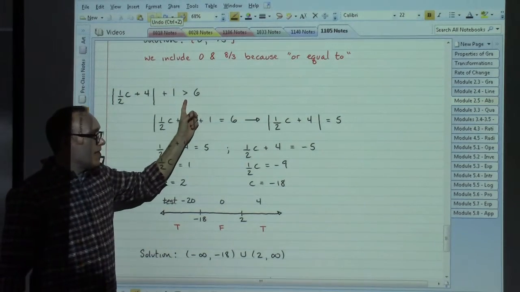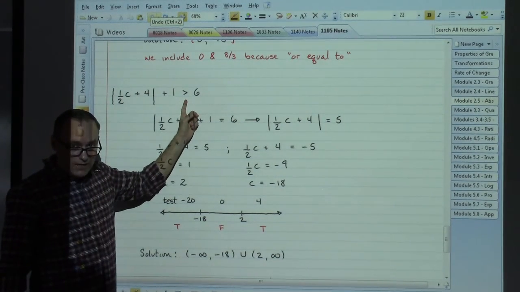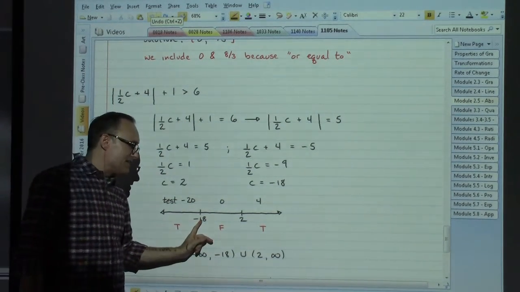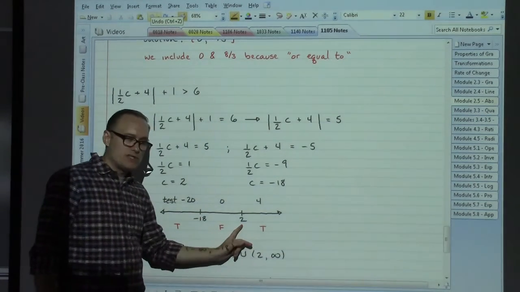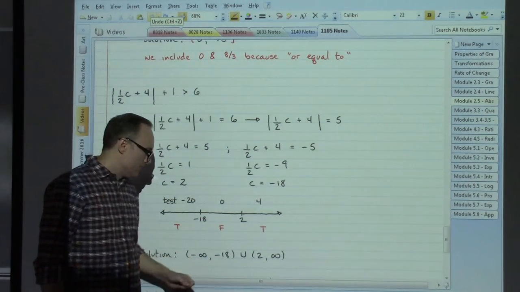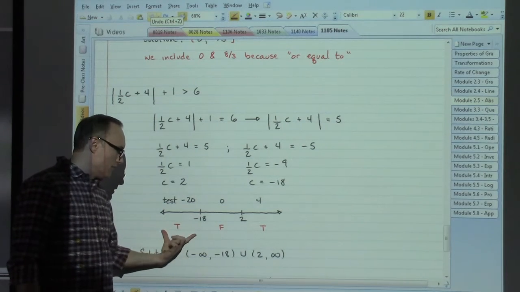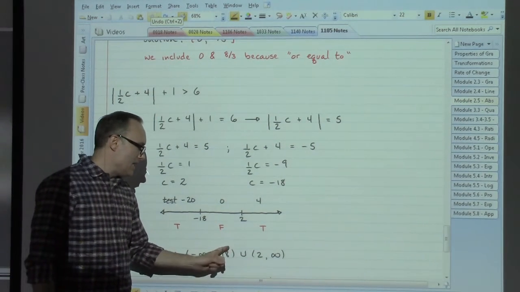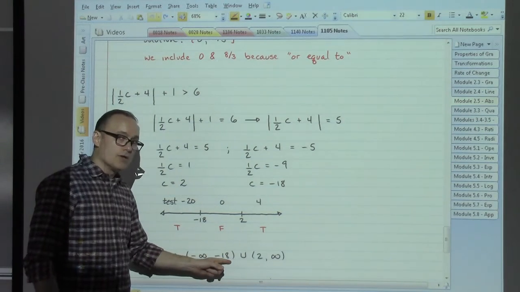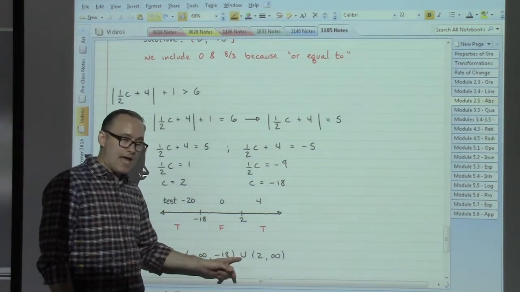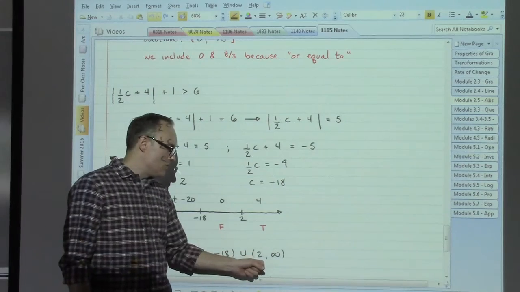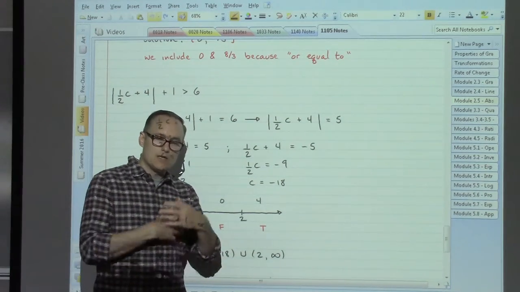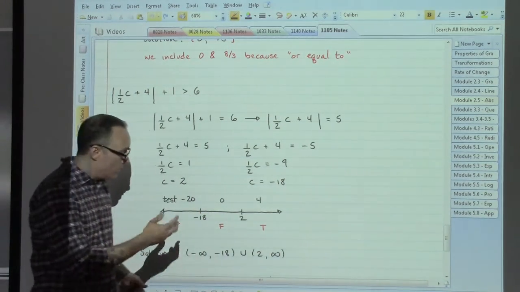Because the original inequality symbol was just a regular greater than, the negative 18 is omitted. The positive 2 is omitted. So our solution for the left-hand section, parentheses, negative infinity, comma, negative 18, parentheses. There's more true stuff, so we got to union that. Parentheses 2, comma, infinity, parentheses, boom, there we go.